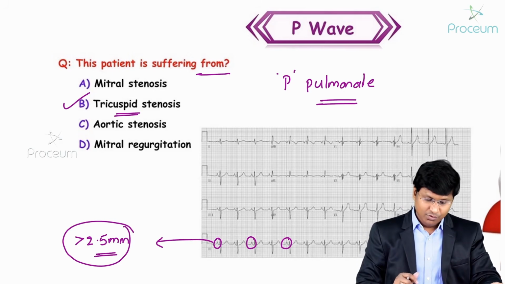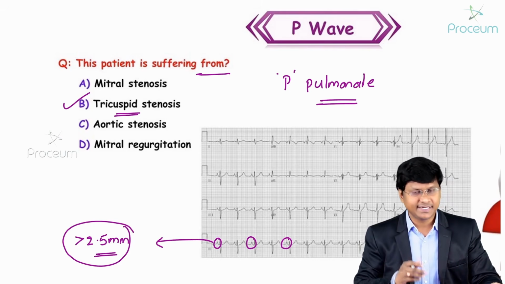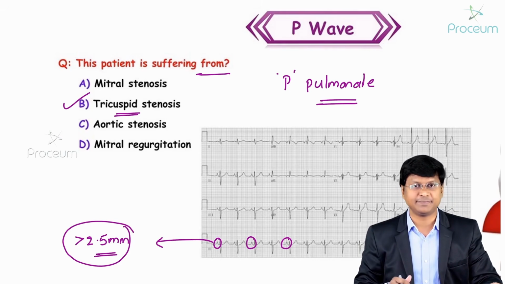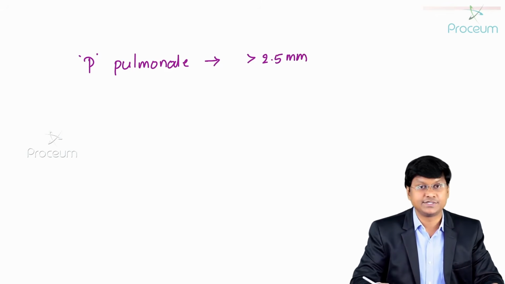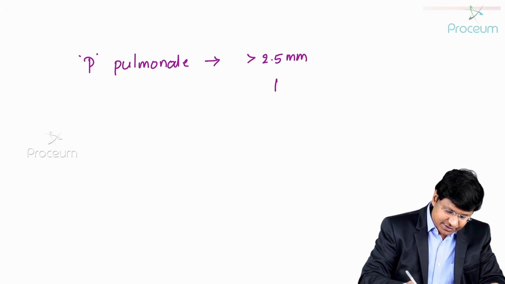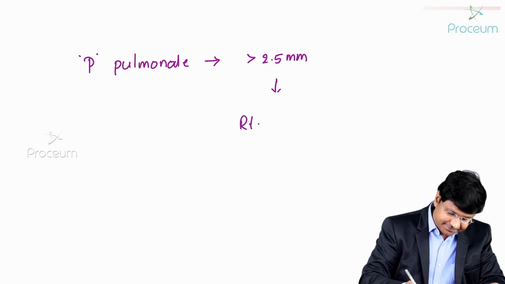Now, what does this P pulmonale represent? Let me discuss it in detail. P pulmonale tells that the amplitude of the P wave is more than 2.5 mm in the limb leads, and it represents right atrial enlargement.